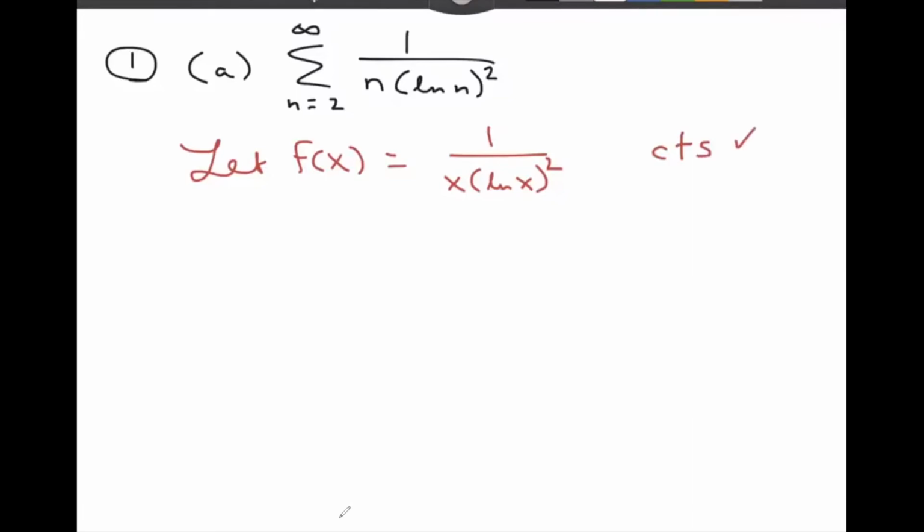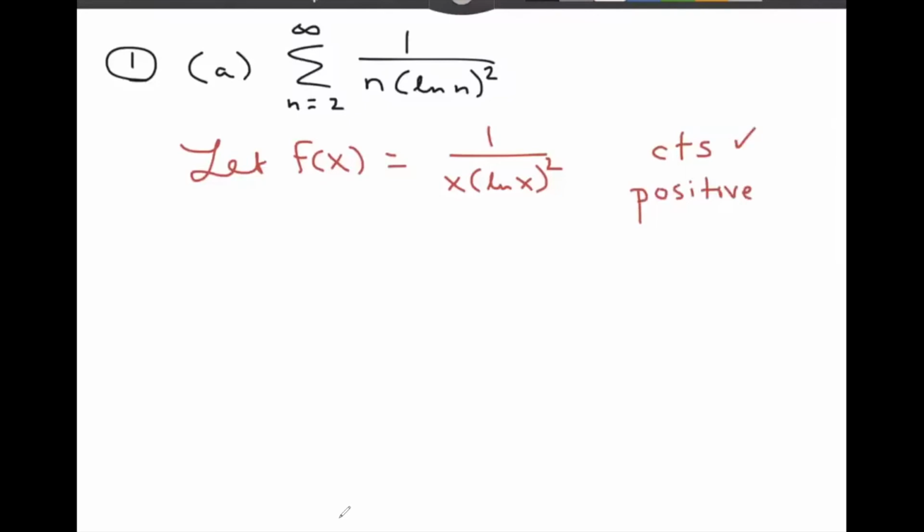Next, is it positive? Well, yes, because again, we're starting the series at n equals 2. So of course, x will be positive. It'll be at least 2. And because we're squaring the natural log of x, I don't even have to think about the possibility that natural log of x is negative, which it won't be anyway.